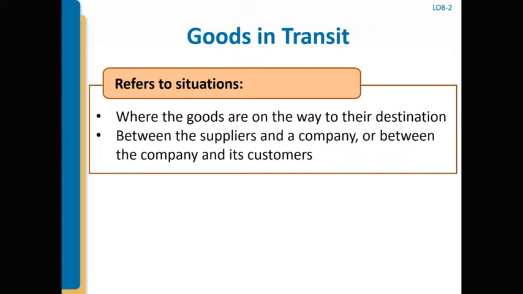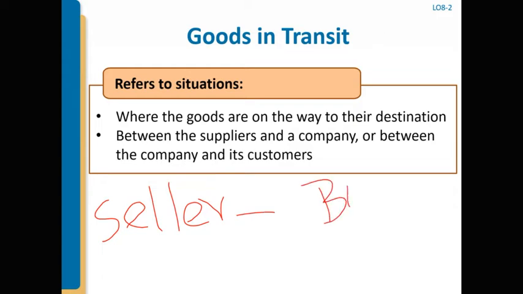Let's see. Goods in transit means that the goods are on the way to their destination. The goods are between the seller and the buyer. So let me show you. If here is the seller and here is the buyer, and here are the goods.